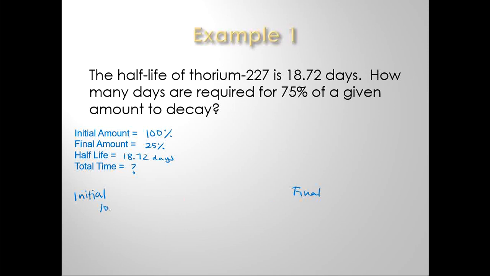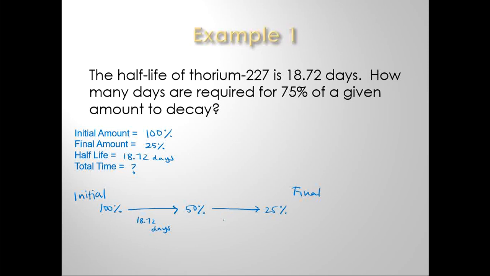We begin with 100%, and as it decays and goes through a half-life, we represent that with an arrow. So in 18.72 days, 100% of this radioisotope decays, and now we have 50% remaining. Now we have to get to our final amount of 25% that remains, so half of 50 is 25.